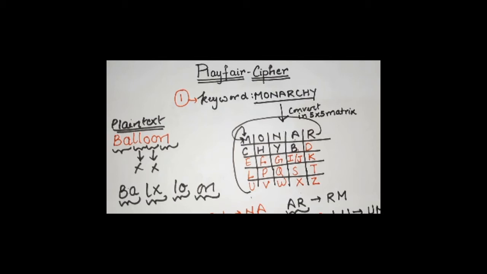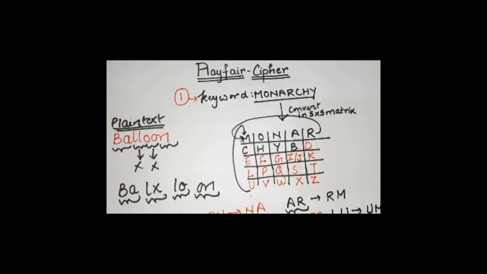After pairing it up, you have to find out whether they fall in the same row, same column, or different row, different column, and then you have to go by the rule. For same row, you replace each by the letter to its right; for same column, the letter beneath it; and for different row, different column, you replace it by the letter that lies in its own row and the column occupied by the other plain text letter. This is all about the Playfair cipher.